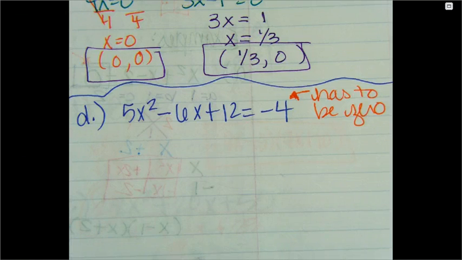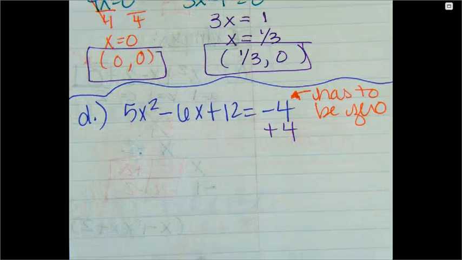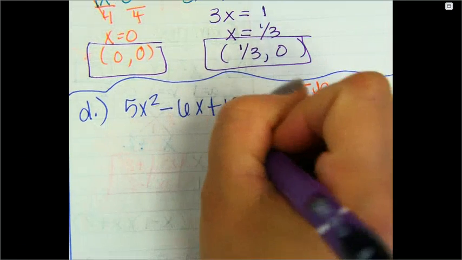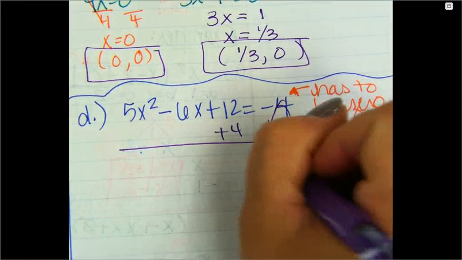Add 4. Why are we going to add 4? Because it's negative 4 and the opposite is positive, yes? Okay, so when I add 4 to the other side, am I going to add it to 5x squared, negative 6x, or the 12? Very good. That will be 0, yes?